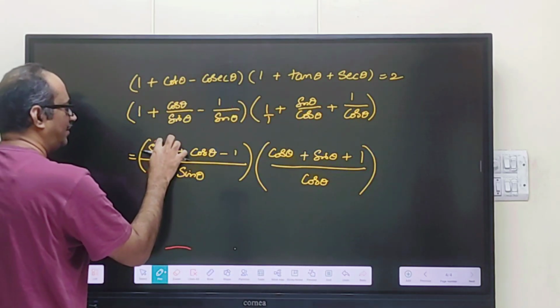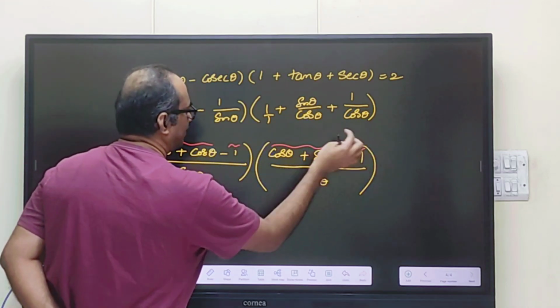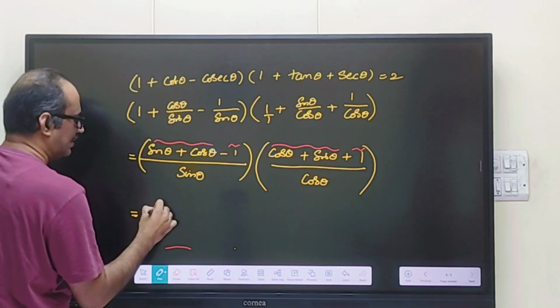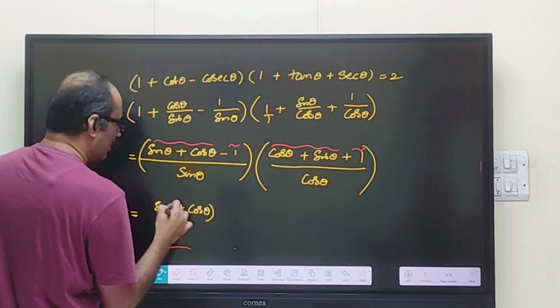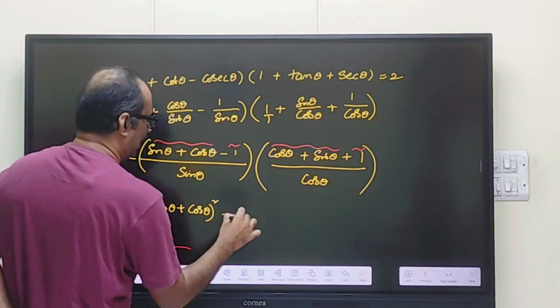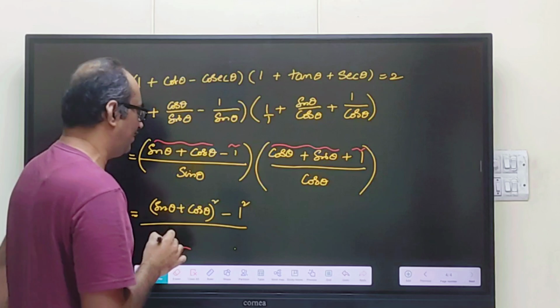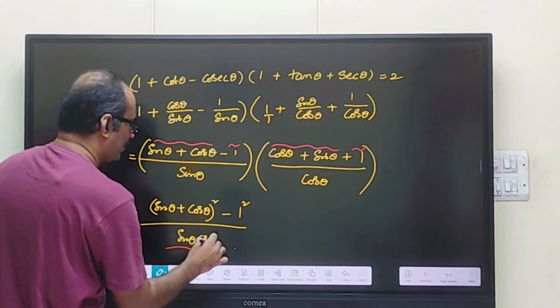Now, if you observe, this is like a minus b multiplied with a plus b. You can see that, right? So I can write it as sin theta plus cos theta whole square minus 1 square, since a plus b into a minus b is a square minus b square, divided by sin theta cos theta.